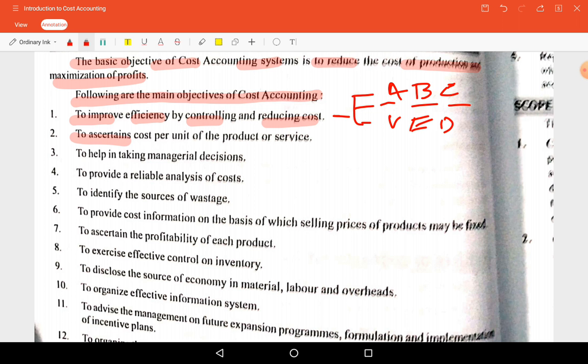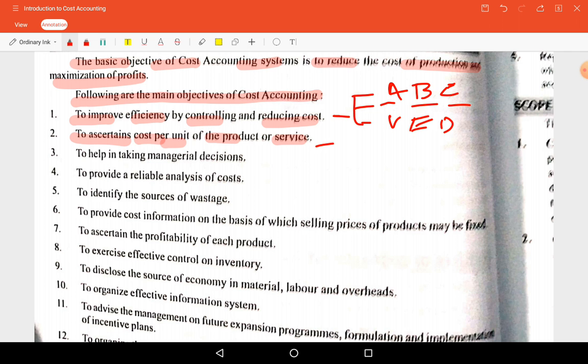To ascertain cost per unit of the product or service. For 1 unit, how much cost is incurred? Unit output costing is a separate method of costing. To produce 1 unit, how much cost will be incurred, we can know. In financial accounting, we cannot know each unit cost.